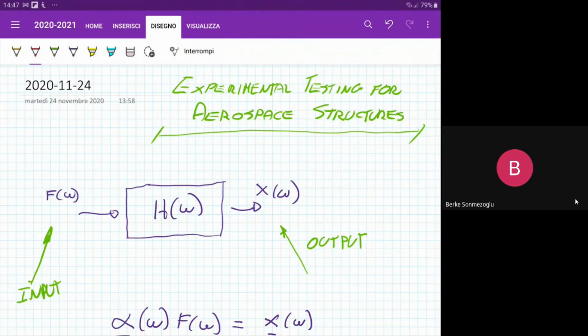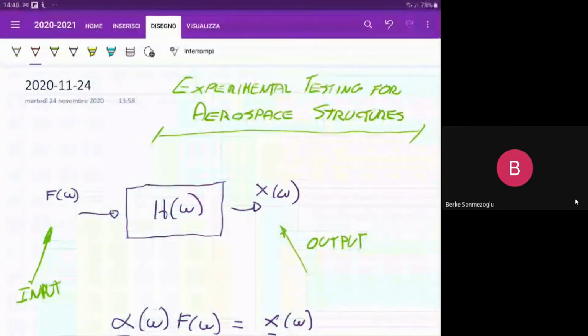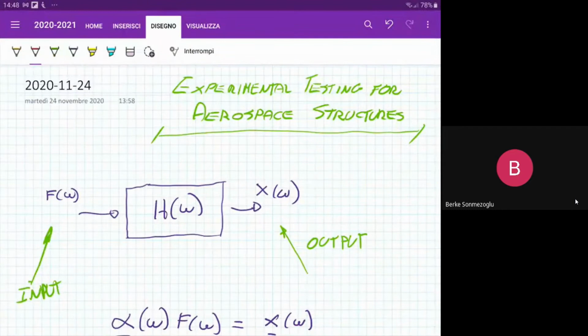And if you're using, for example, a commercial finite element code, MSC Nastran or ANSYS, it is very easy to solve this eigenvalue problem. Therefore, you are evaluating the modal parameters of your system.